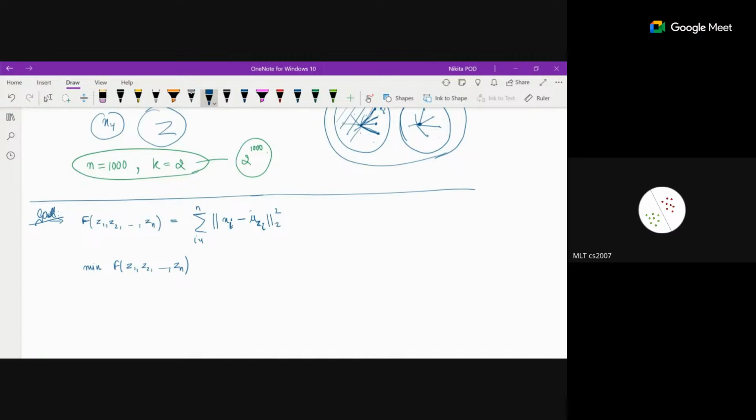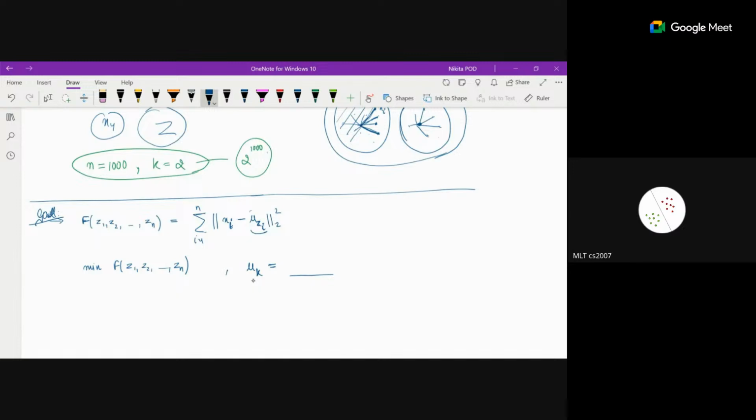Now, if I'm writing mu of zi like this, what can we write mu of k as? So mu of k is basically the mean of that cluster, right? The mean of that cluster will be given by whatever data points you have in that cluster divided by the total number of data points that you have in that cluster.